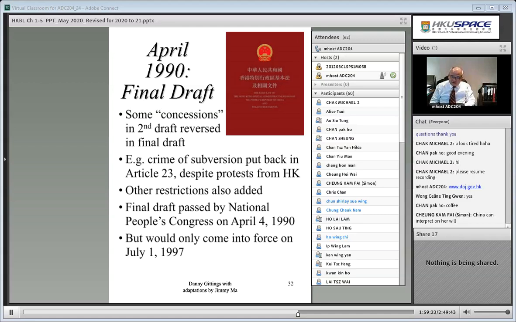So the National People's Congress set April 4th, 1990, and passed the final draft. Of course, for it to commence operation was over 7 years down the road, July 1st, 1997.